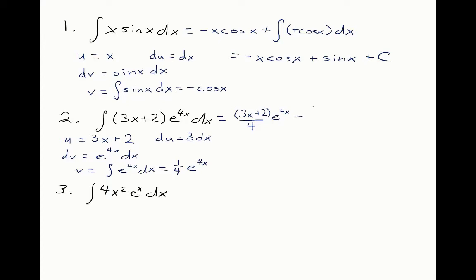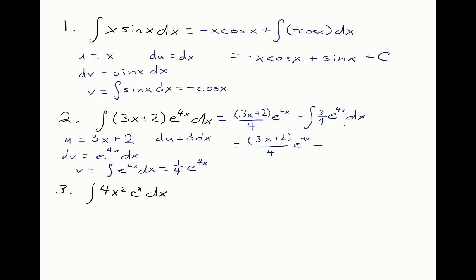And then we're going to subtract our integral of v times du. So we have 3/4 e to the 4x dx. Okay, this integral we can do just by u substitution. So now we're going to have 3x plus 2 over 4.